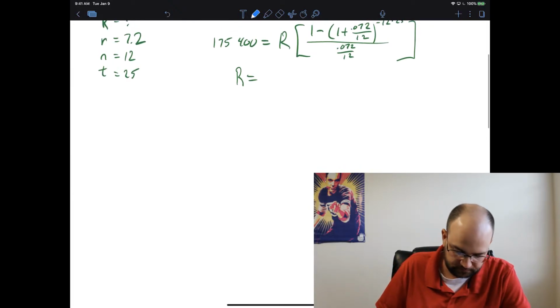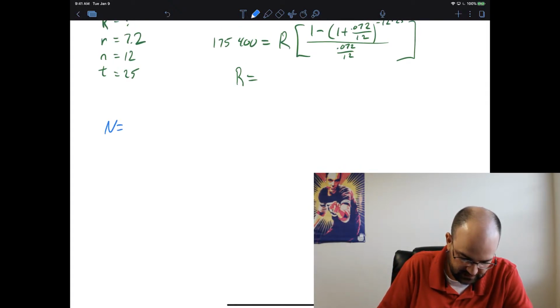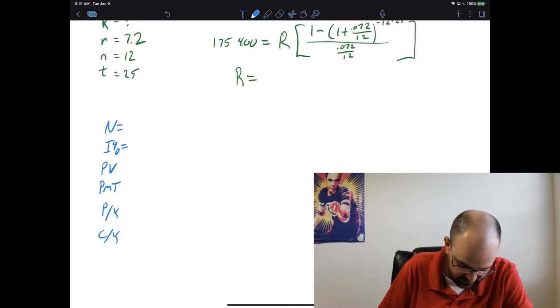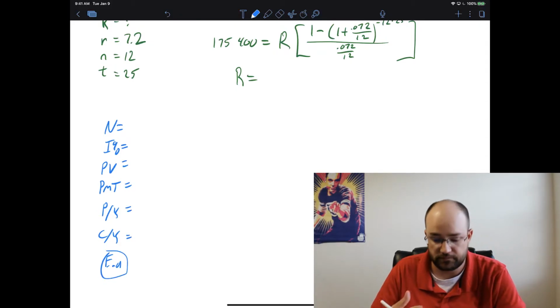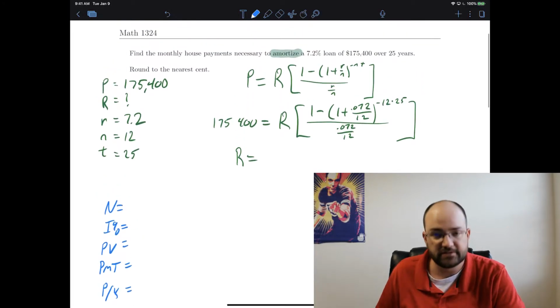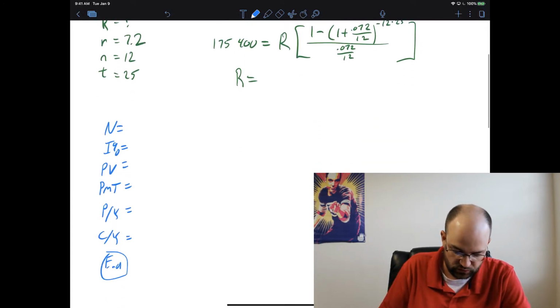Okay, so we have capital N, I%, PV, PMT, P/Y, C/Y, and we're making payments at the end of the month. Okay, so capital N is just the total number of payments, which would be the payments per year times the number of years.